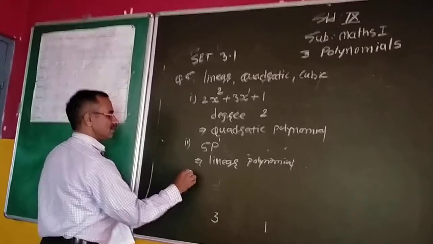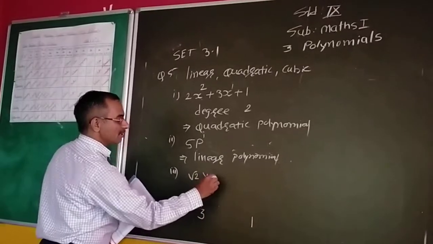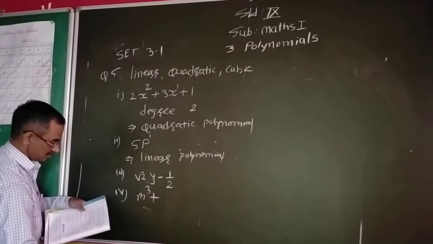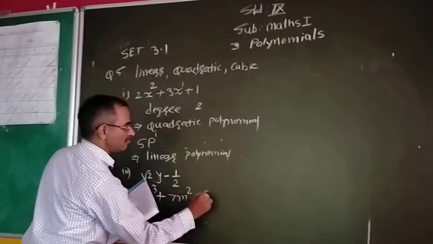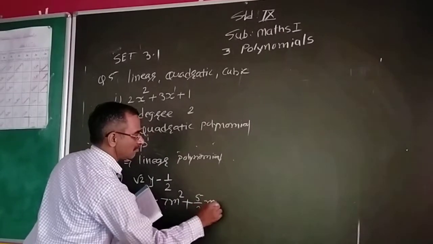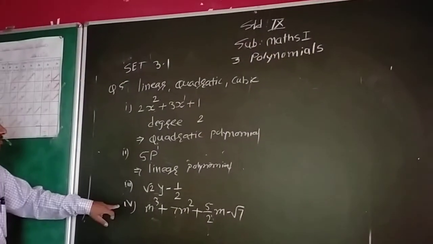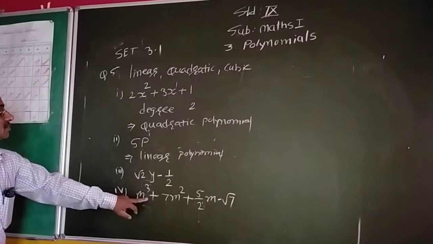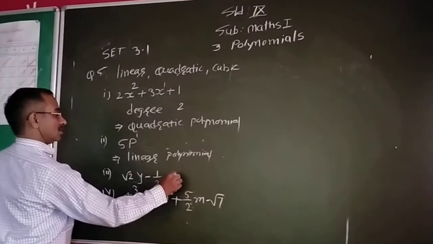Then third one, under root 2 y minus 1 half.